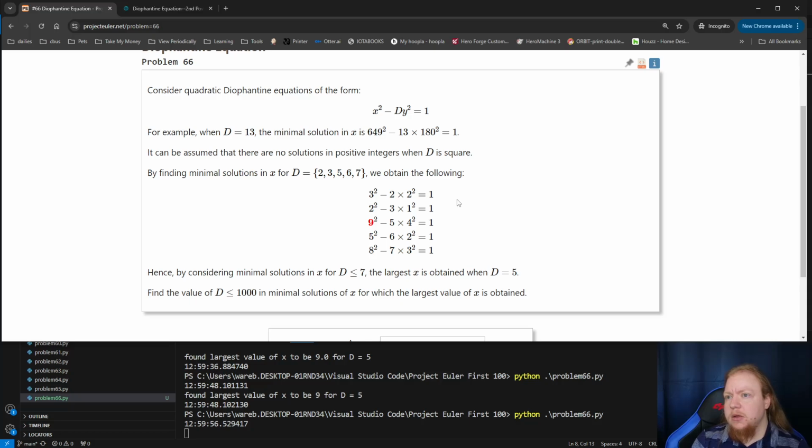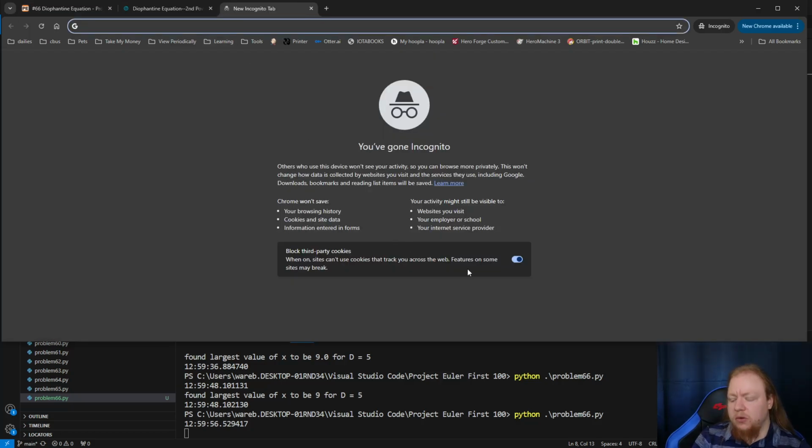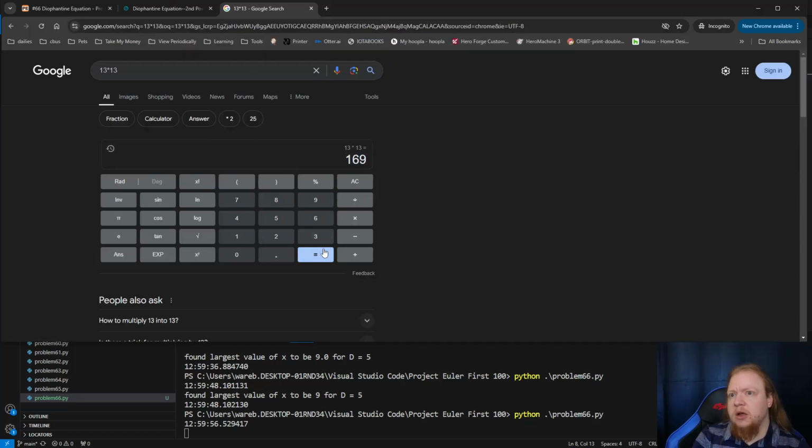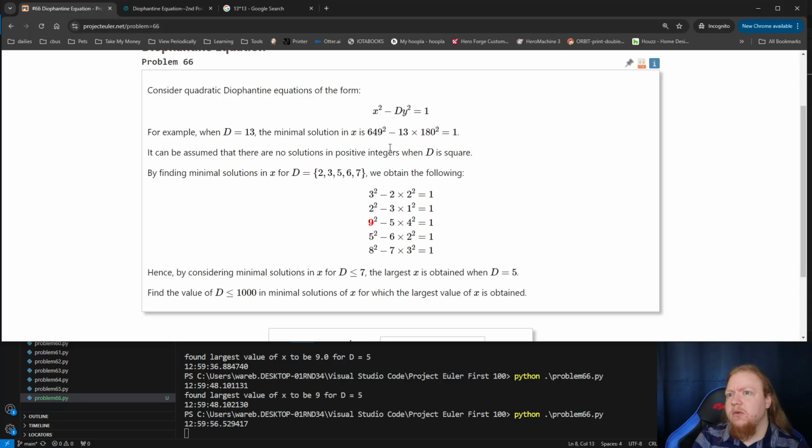Is x ever larger than d cubed? So 13 times 13, I think, is not a very large number, 169. But then times 13, again, 2197. This is 649.